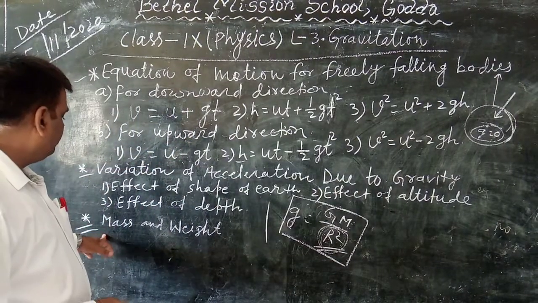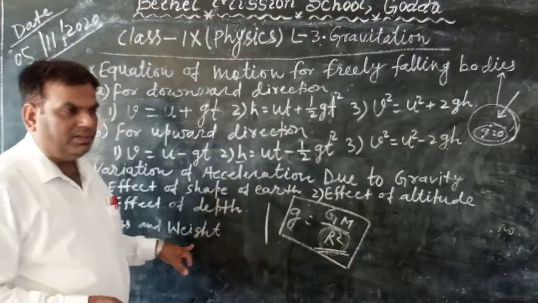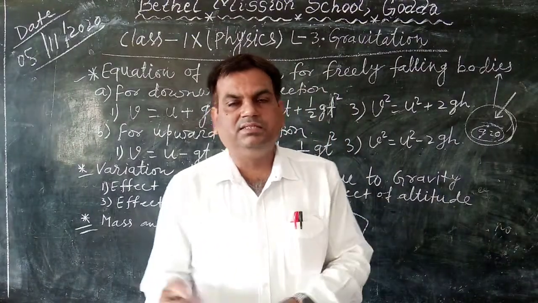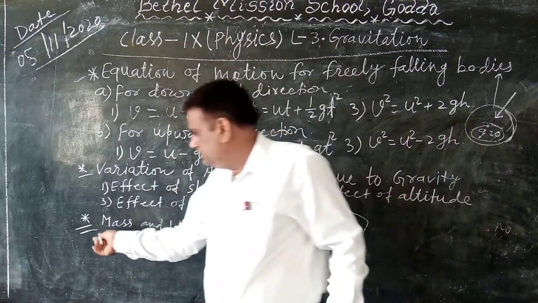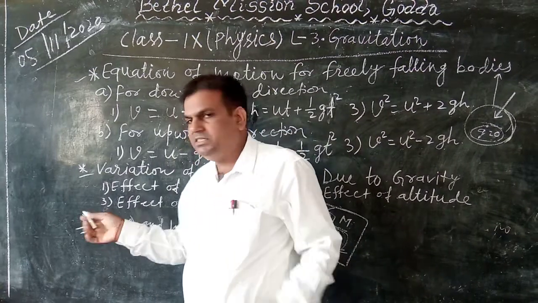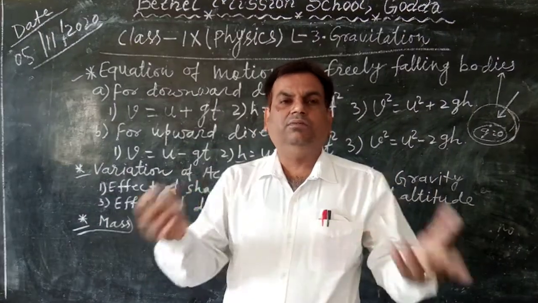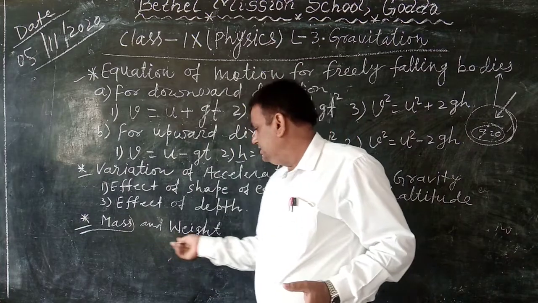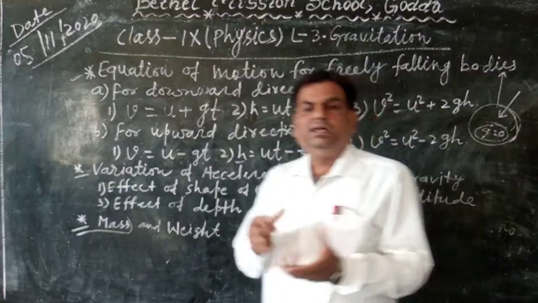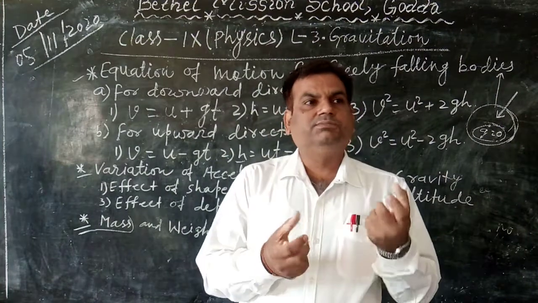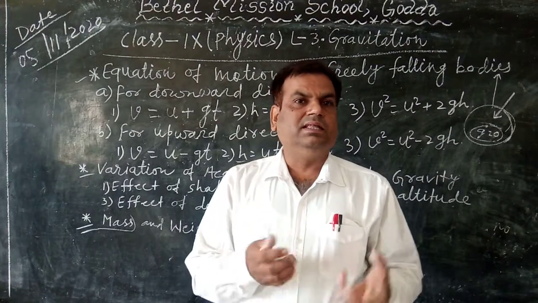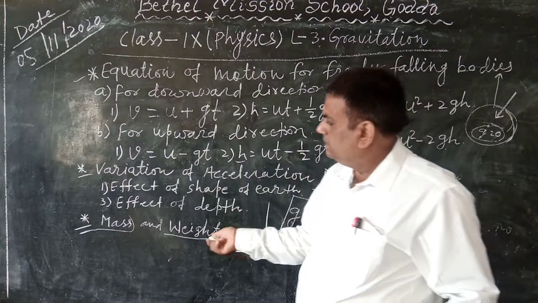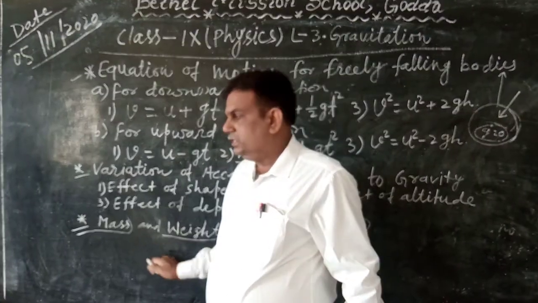So these are the three factors on which the acceleration due to gravity is dependent. Now the next topic is mass and weight. Mass and weight are not equal, they are different. Mass means the total matter contained in an object, whereas weight is the force with which the mass is pulled by gravity.